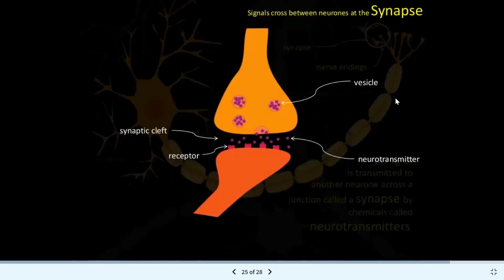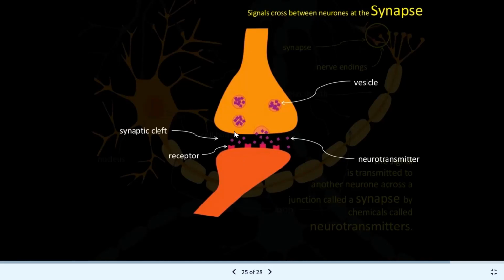Signals cross between neurons at the synapse. This connection point is called the synapse, and it is a very important part. This is the vesicle, this is the neurotransmitter, this is the synaptic cleft, and this is the receptor.